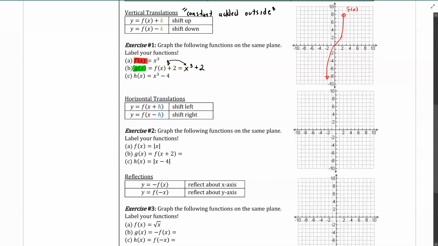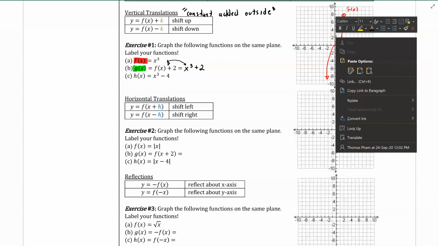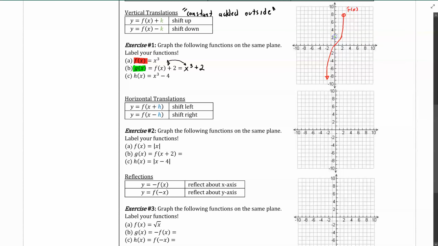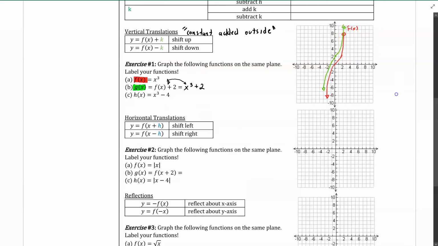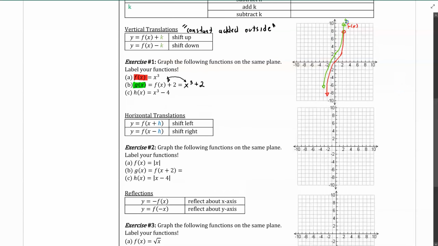So now we have x cubed plus 2, and again, because that plus 2 is outside the parentheses, what we can do is we can shift the graph up by 2, because that's exactly what adding a number outside the parentheses does. So we take the entire graph, and we'll shift it up by 2. So there's g of x.